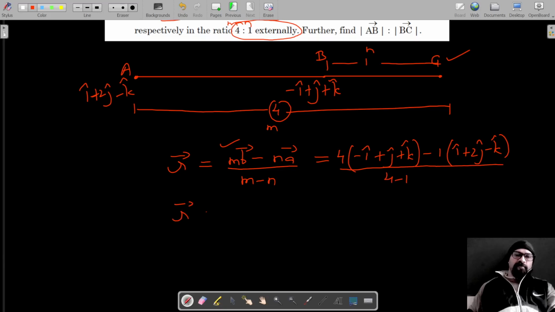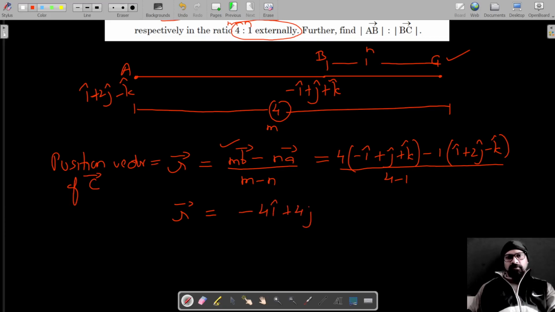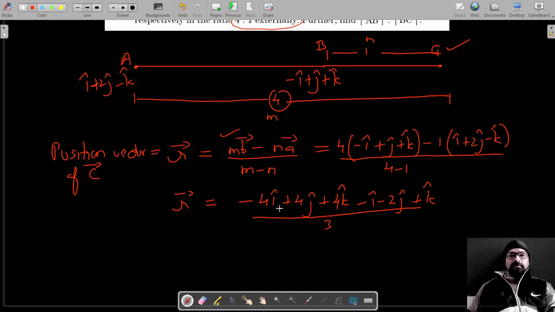Okay, now finally the position vector of C. Now this is negative 4i cap plus 4j cap plus 4k cap minus i cap minus 2j cap plus k cap, upon 3.